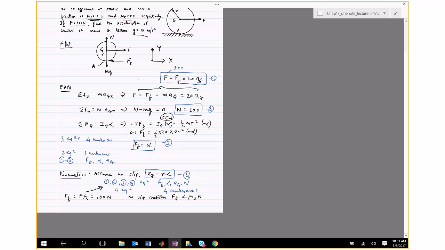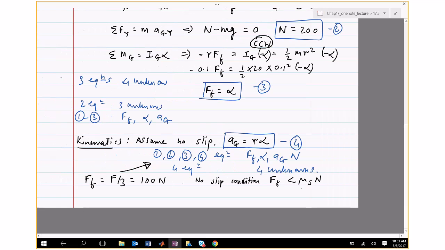So 0.3 times n, which is 200, comes out to be what, 60? So is 100 less than 60? It's not true, right?